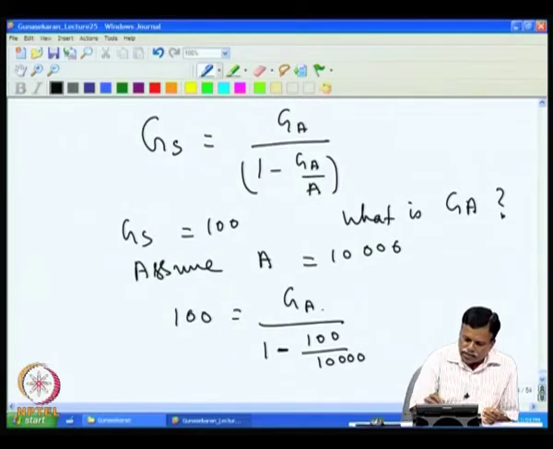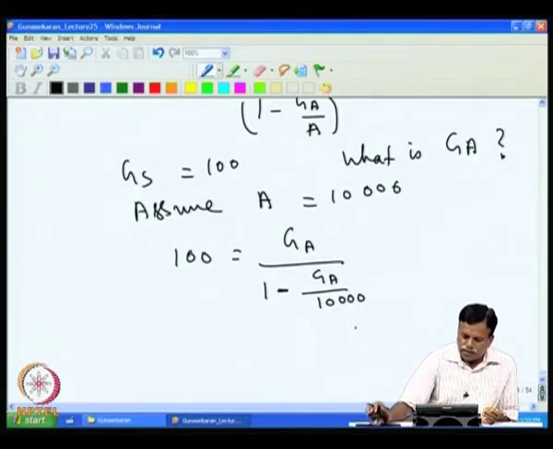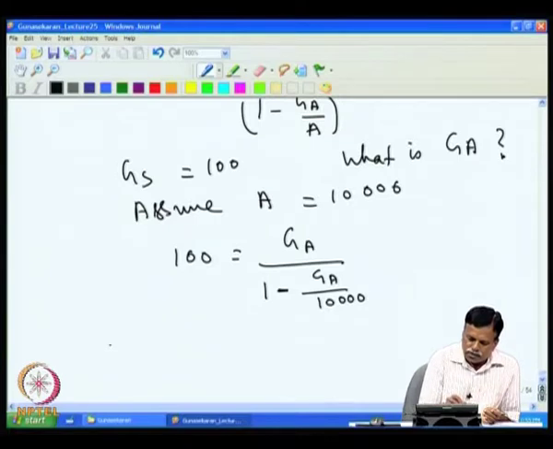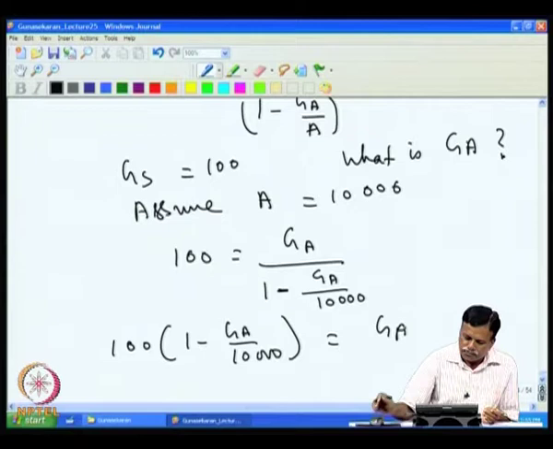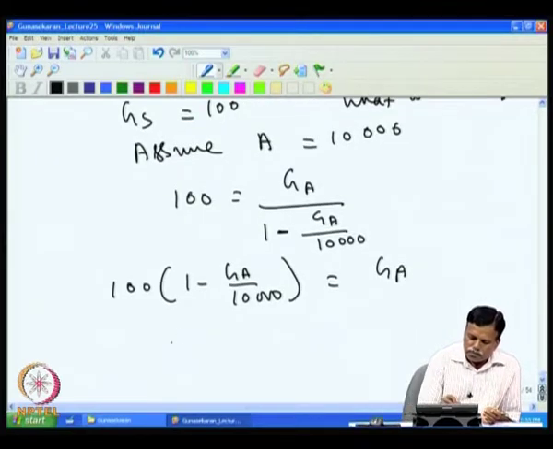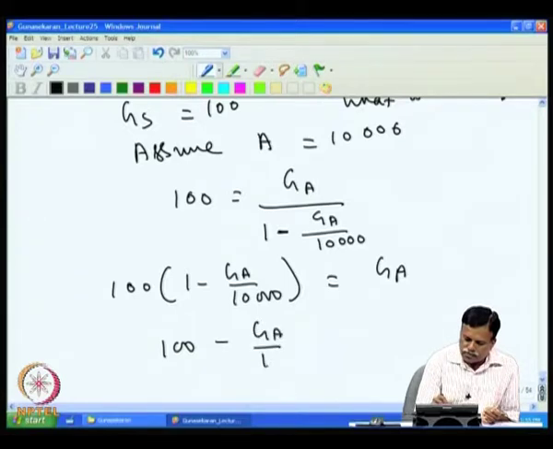If I multiply this, you get 100 minus Ga by 100 gives you the actual gain.